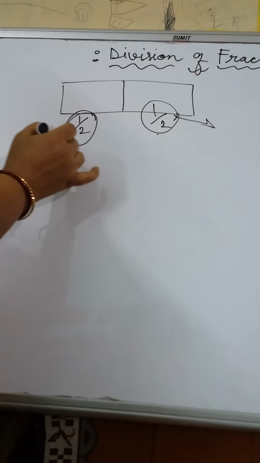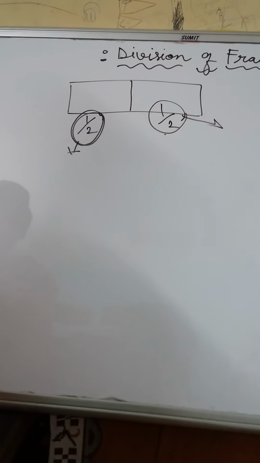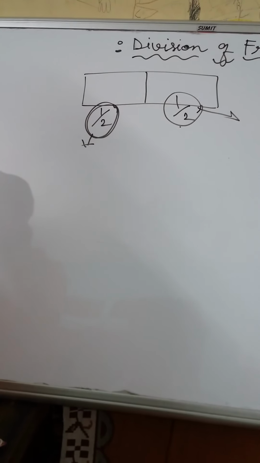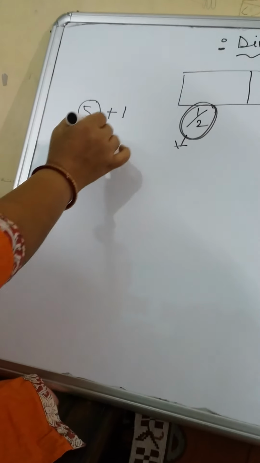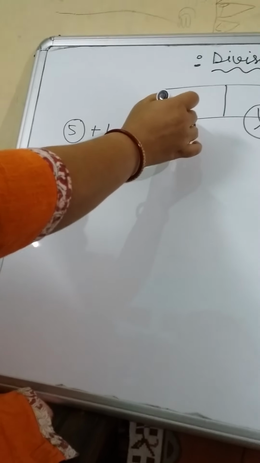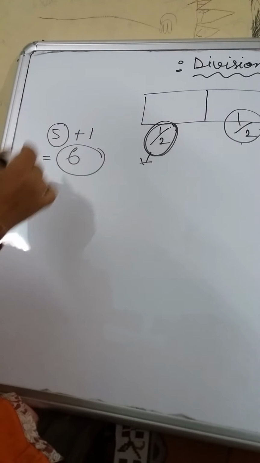Now this half you have to share with your friends. Now 5 of your friends and you yourself. So how many? 6. So this chocolate needs to be divided in 6 equal parts.